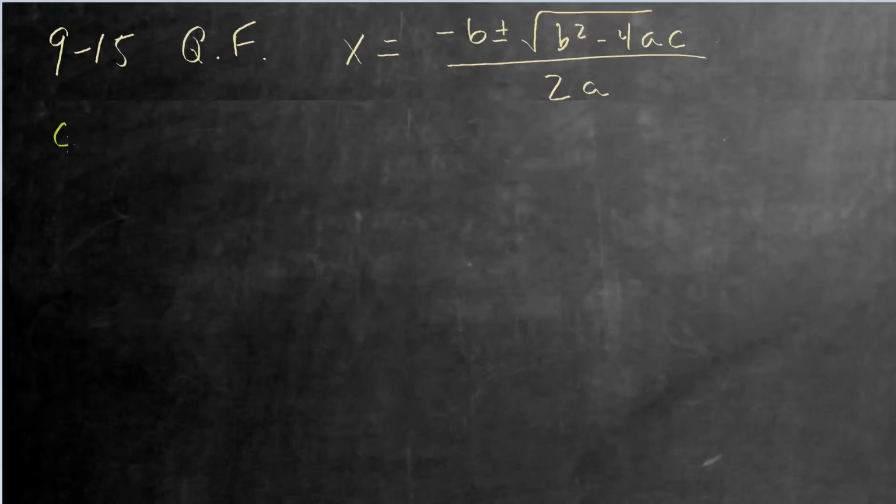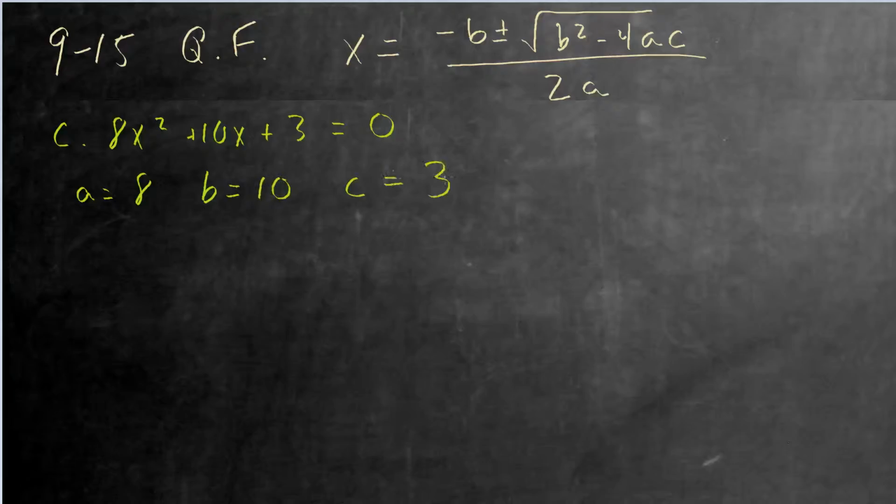Continuing with C, 8x squared plus 10x plus 3 equals 0. A equals 8, B equals 10, C equals 3.